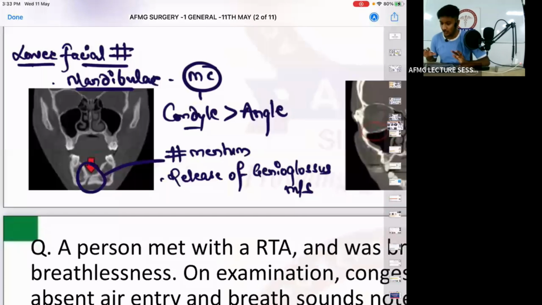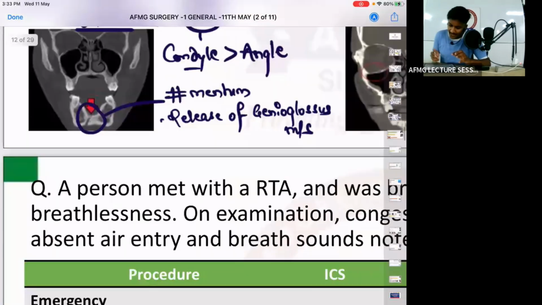This genioglossus muscle can fall back, and that can cause airway obstruction or aspiration, respiratory distress in the patient.